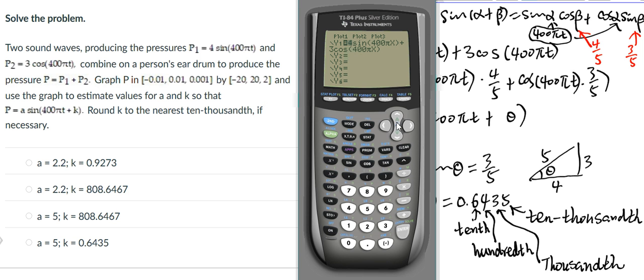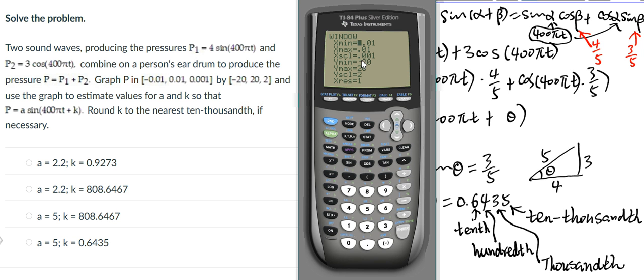Then you want to set up your window. X is from negative 0.01, which is the minimum, to 0.01, which is the maximum.